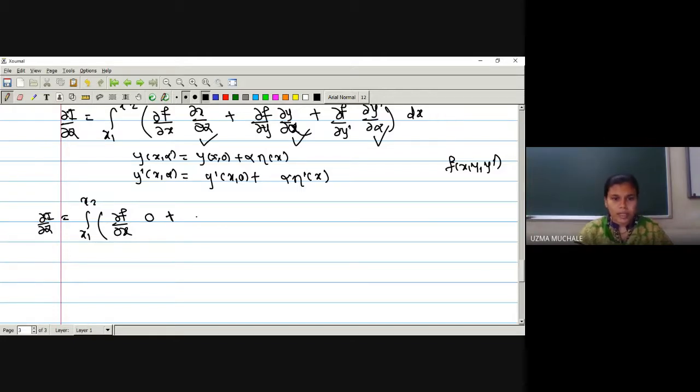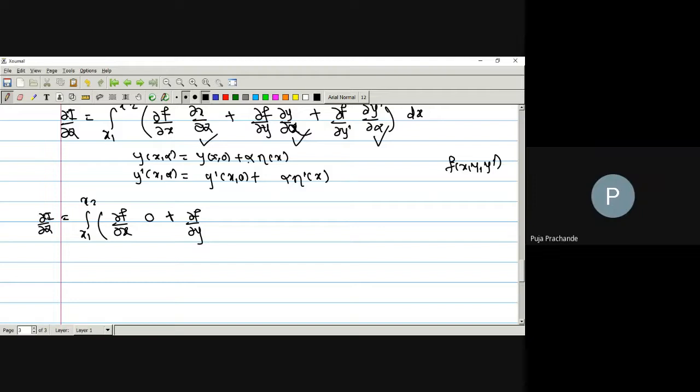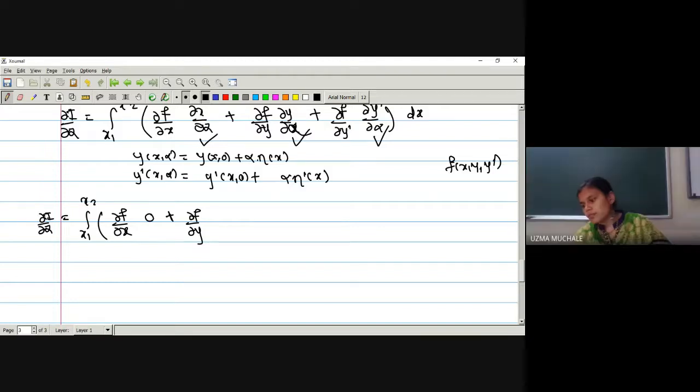Now we will keep dou f by dou y as it is. Now we have to write dou y by dou alpha. What is the derivative of y with respect to alpha? At that time we have to keep y as a constant.